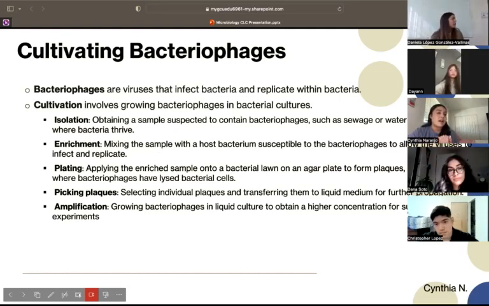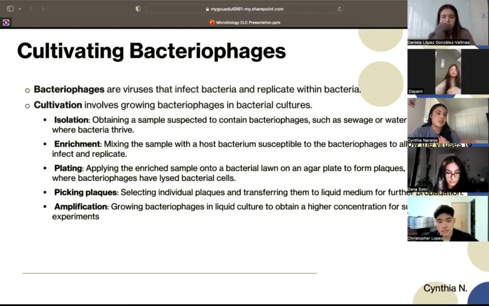We start off with isolation, which means obtaining a sample suspected to contain bacteriophages, such as sewage or water from environments where bacteria thrive. Next is enrichment, which is mixing the sample with the host bacterium susceptible to bacteriophages to allow the viruses to infect and replicate.